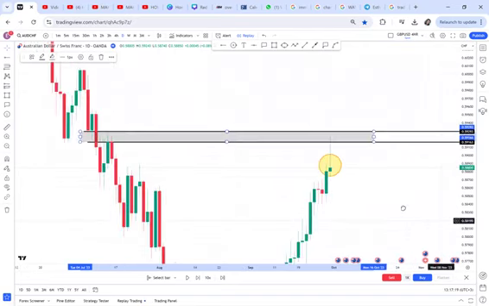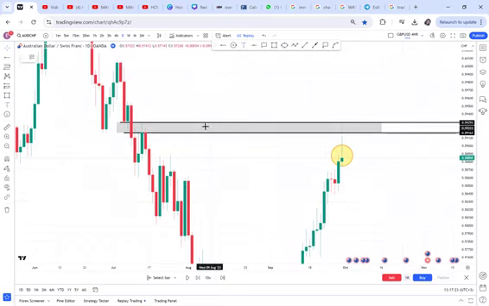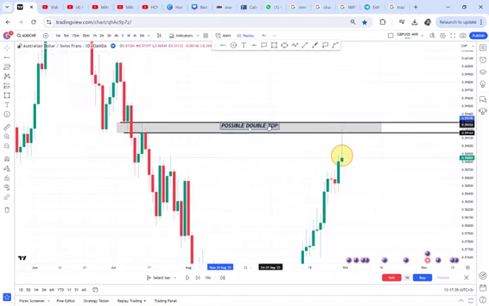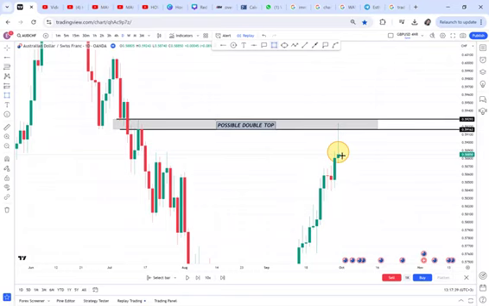The reason why we call it a possible double top is because this market can do what? It can continue buying. What if the next candle is green and it continues buying?